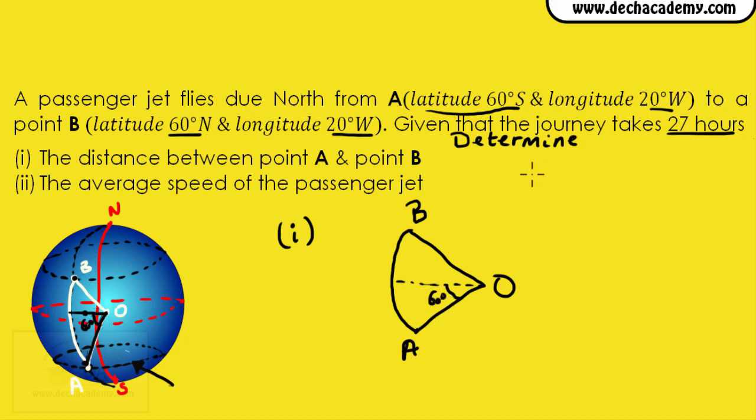Similarly, point B, which is on latitude 60 degrees north, is such that the angle formed between the line OB and a line on the same plane as the equator but directly below B is also 60 degrees. It's hard to see here, so I'll show you here. So what we have is a sector where the total angle is 120 degrees.